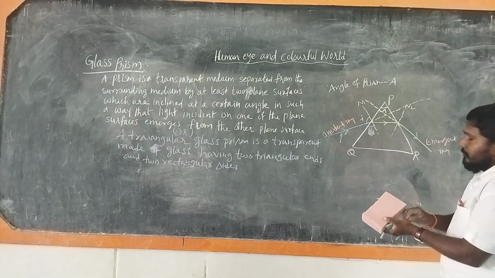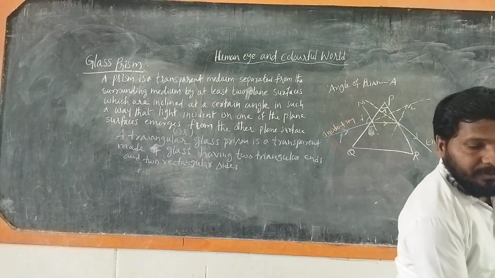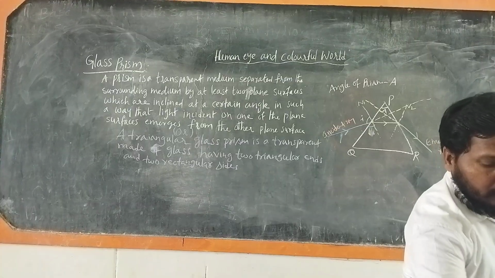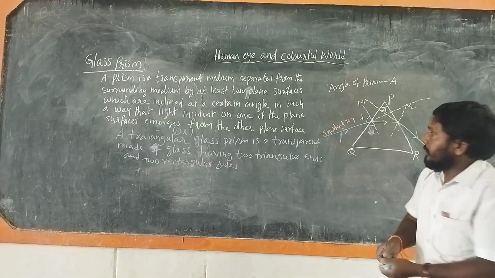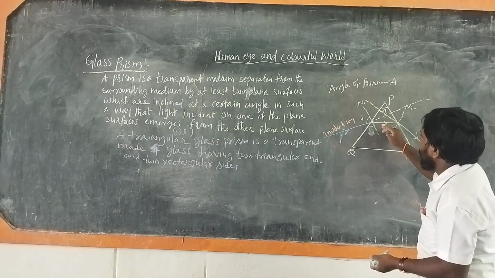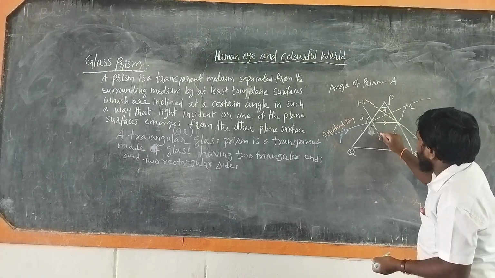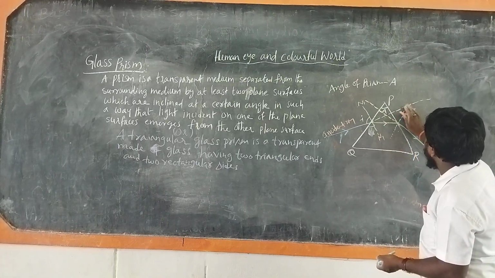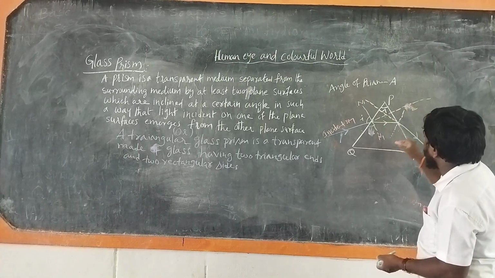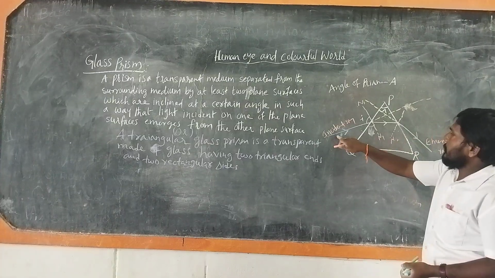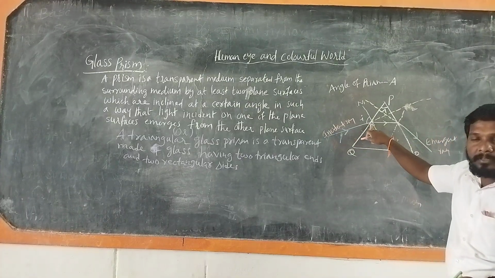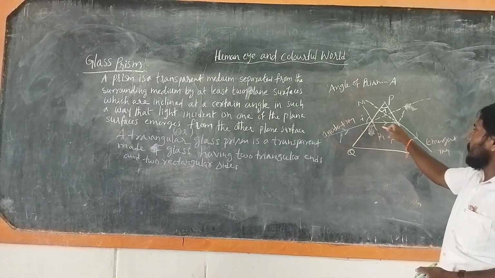The light is incident on the surface of the glass prism and deviated.